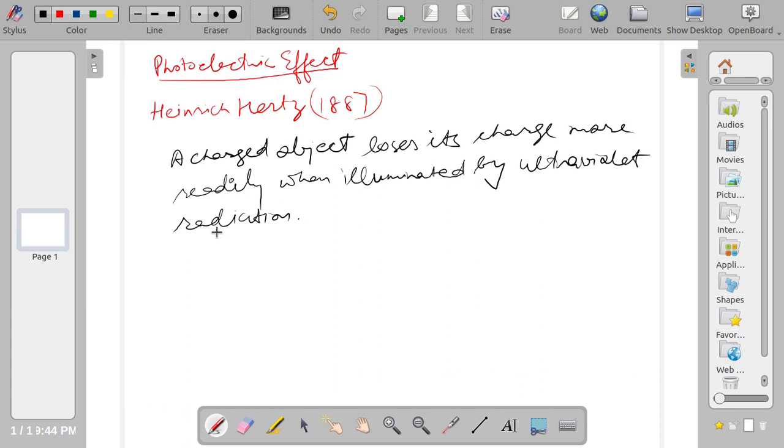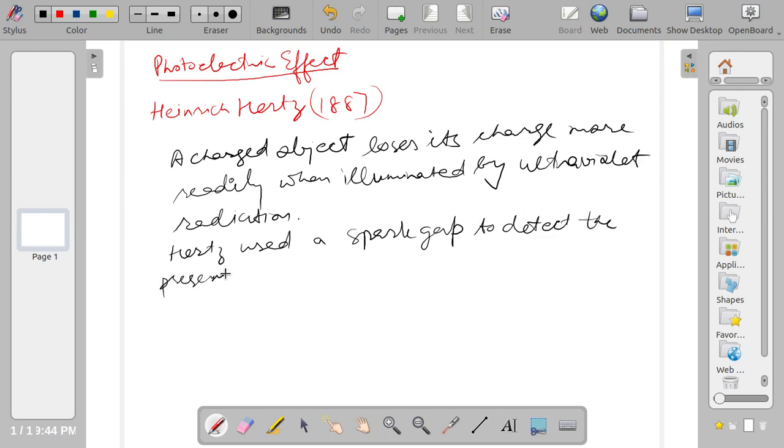Hertz used a spark gap, meaning two sharp electrodes placed at a small distance, to detect the presence of electromagnetic radiation or the electromagnetic wave.